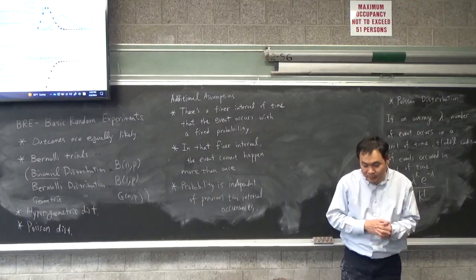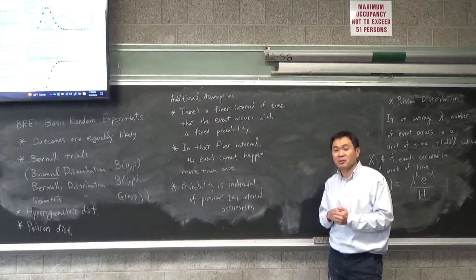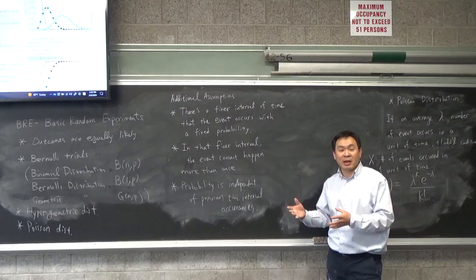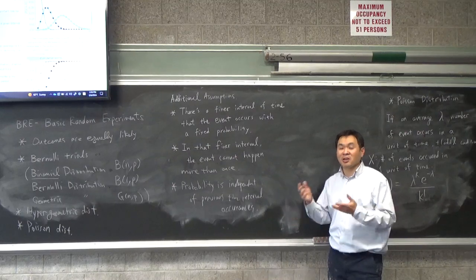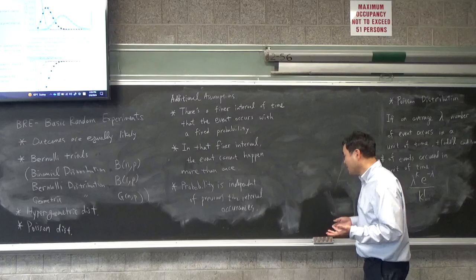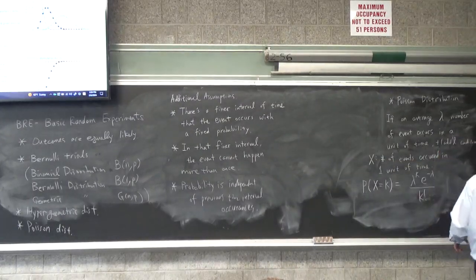It has something called a memoryless property: knowing that something happened doesn't change whether it's going to happen again in the future. You just don't have any other idea than this average.